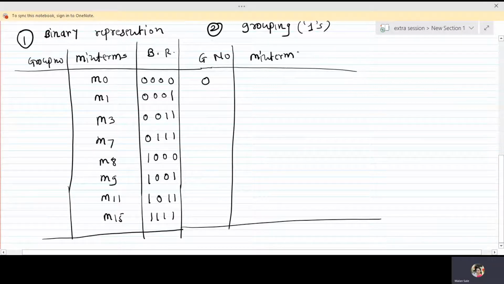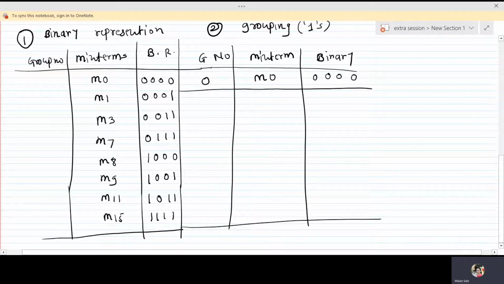Group number 0, M0, representation 0000. This is my first group. There is no other minterm available with number of ones 0.